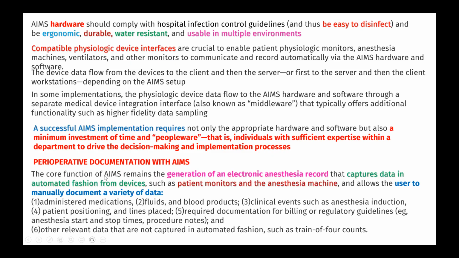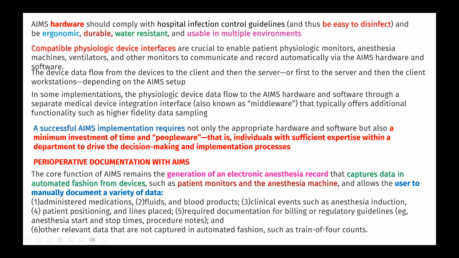So the core function of AIMS remains generation of an electronic anesthesia record that captures data automatically from devices such as patient monitors and the anesthesia machine. Sometimes there is also a facility to document manually. That also can be done. So what are the things that you can document?